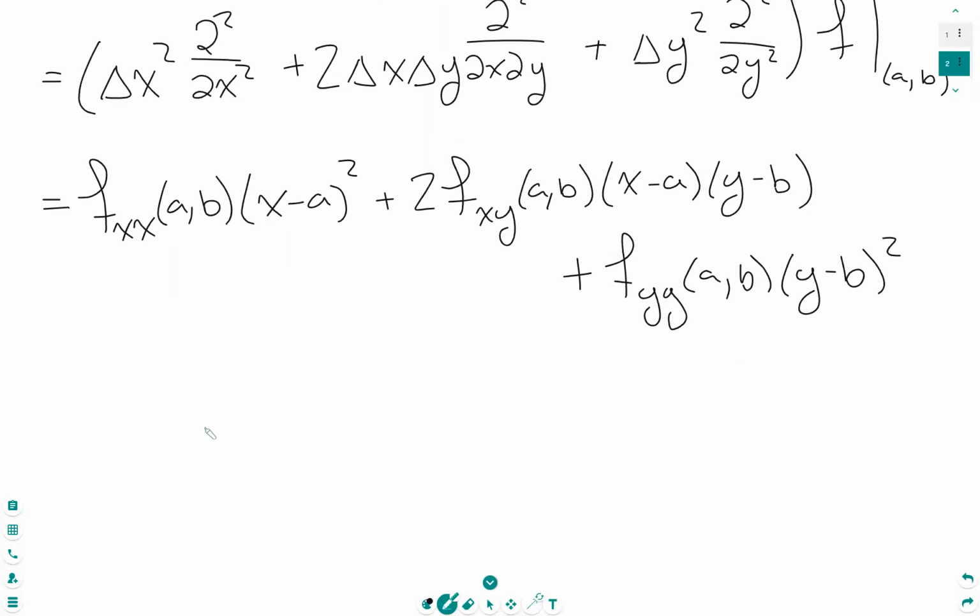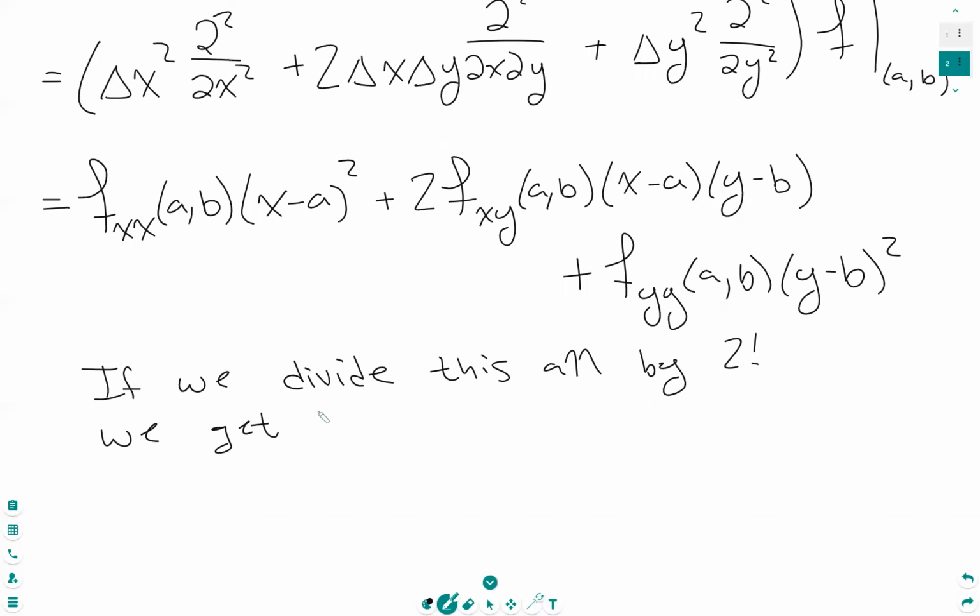So let's put that in writing. If we divide this all by 2 factorial, we get the next term in the Taylor series.